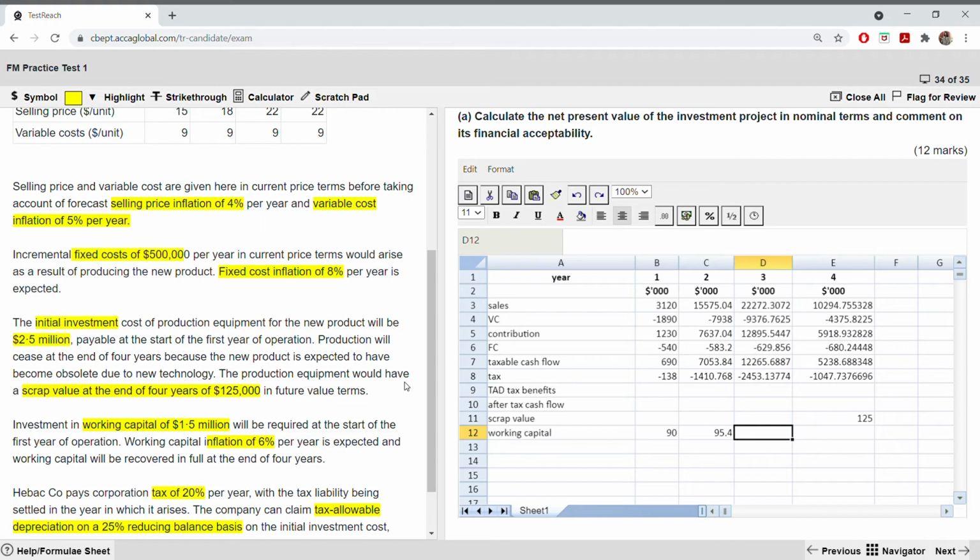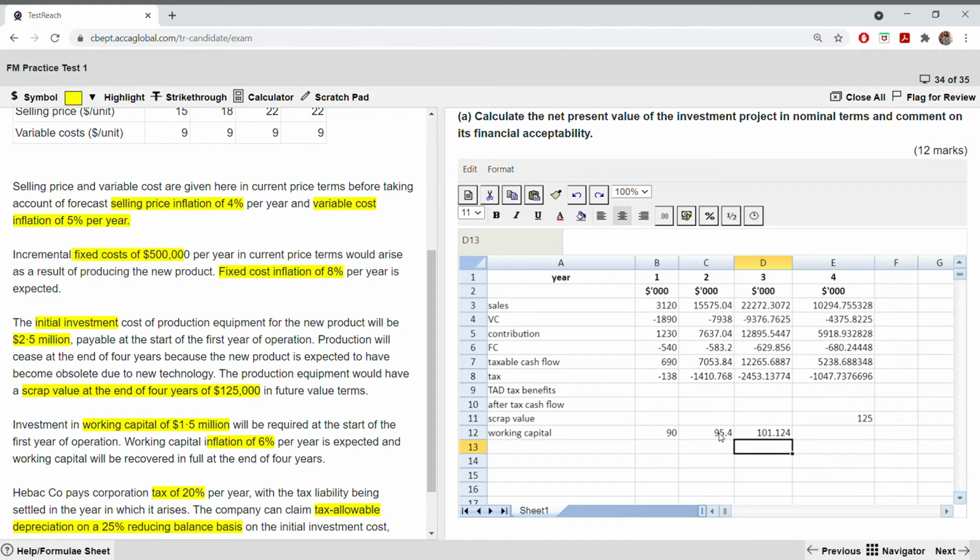So it is 95.4. Let's take 6%: equal to 1.06 multiplied by this.